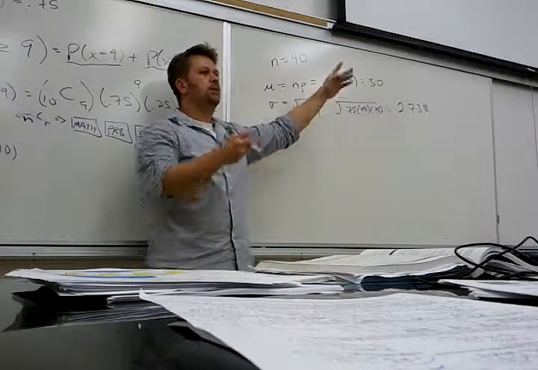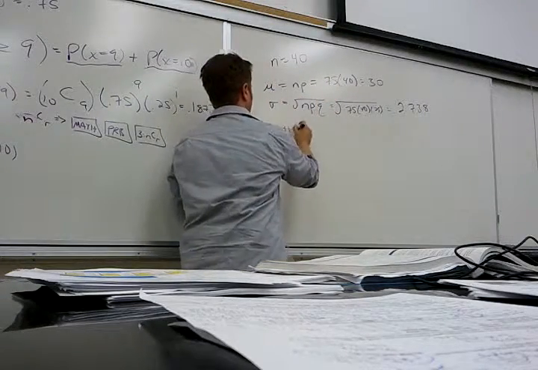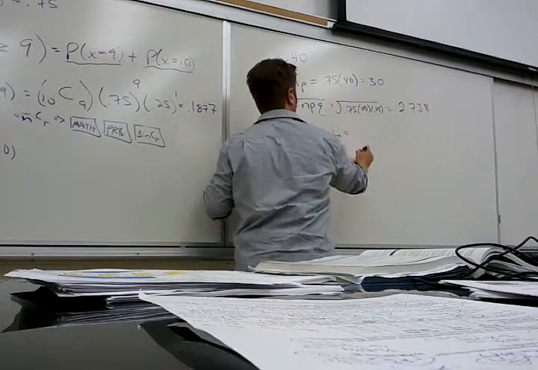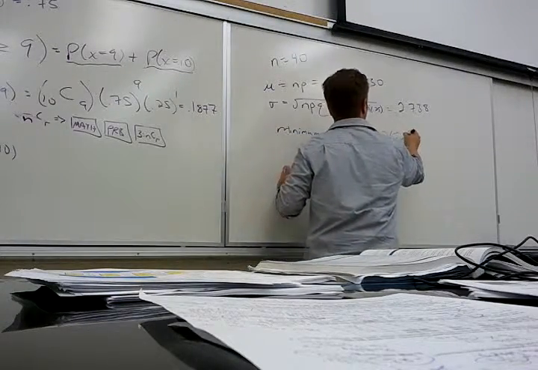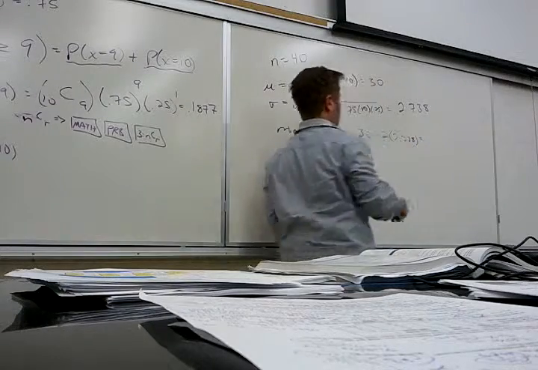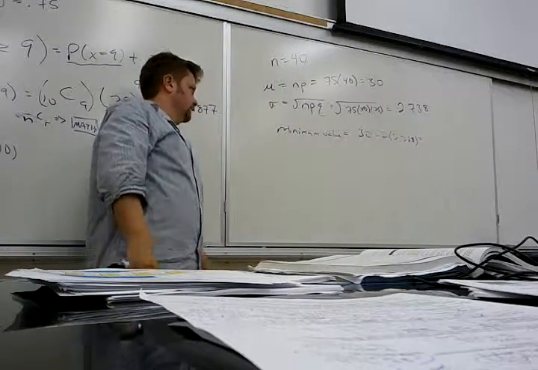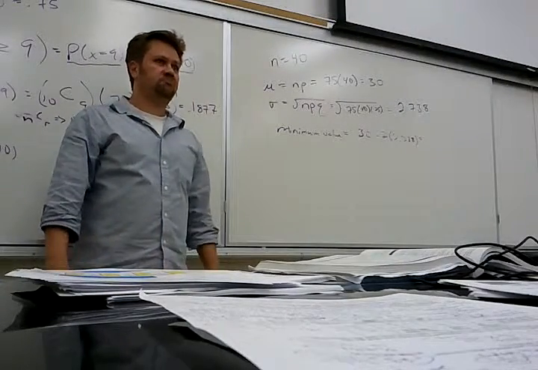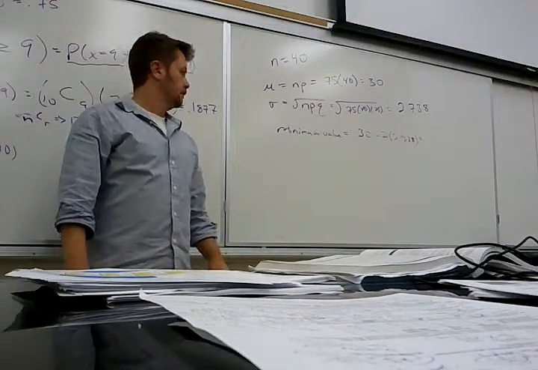So how do I find the minimum usual value? What's the minimum? 30 minus twice this. Like 24.5 something. I don't know.